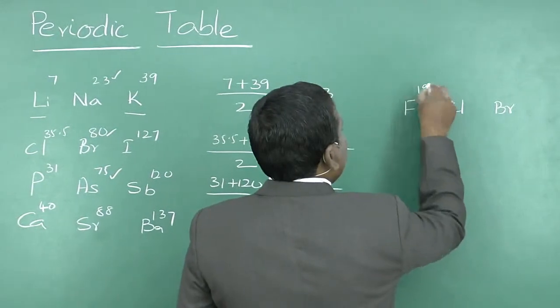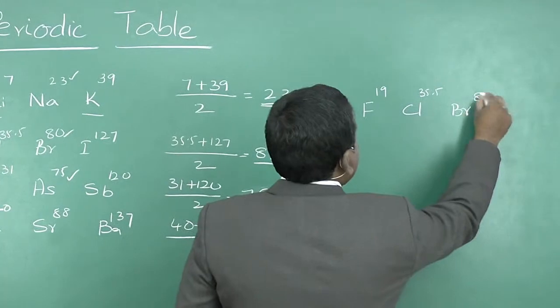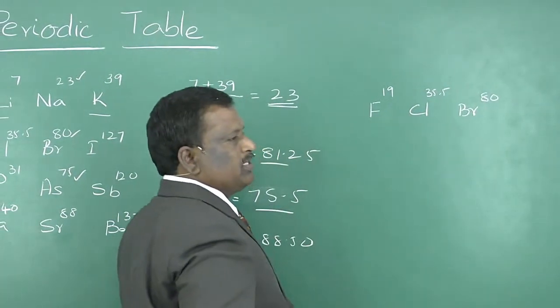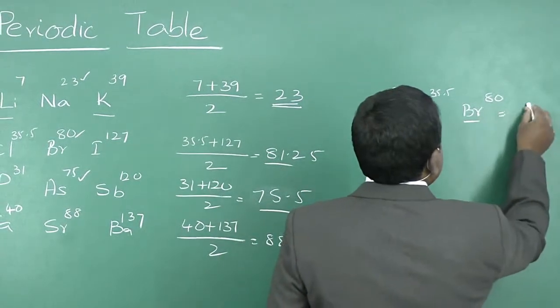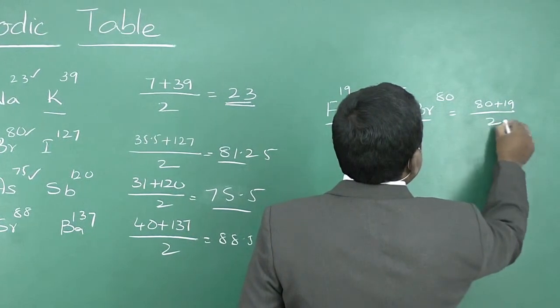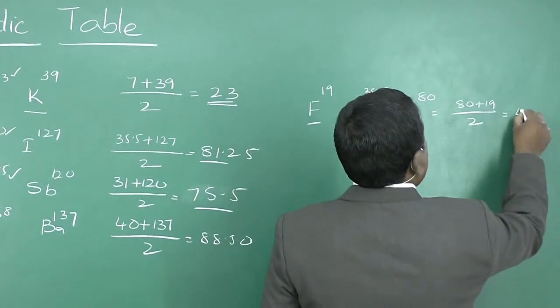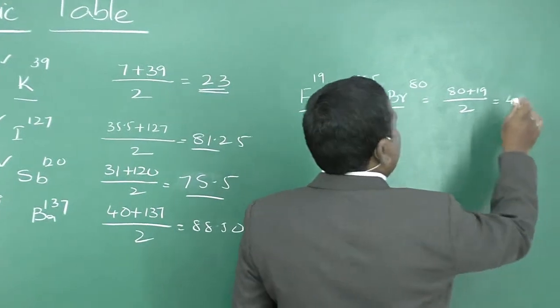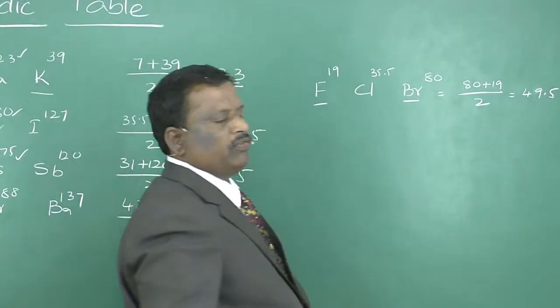Fluorine is 19, chlorine is 35.5 and bromine is 80. That means the arithmetic mean of fluorine and bromine is 80 plus 19 by 2, that is 99 by 2, that is 49.5.